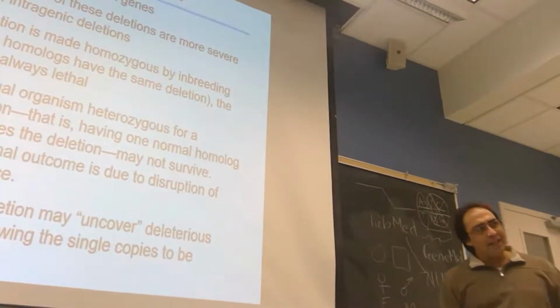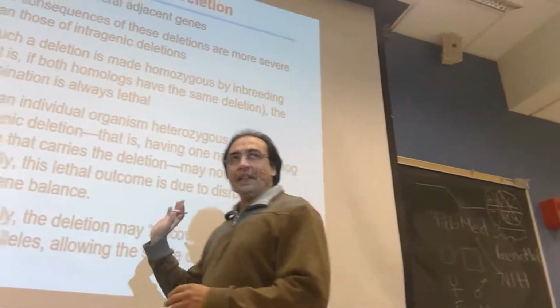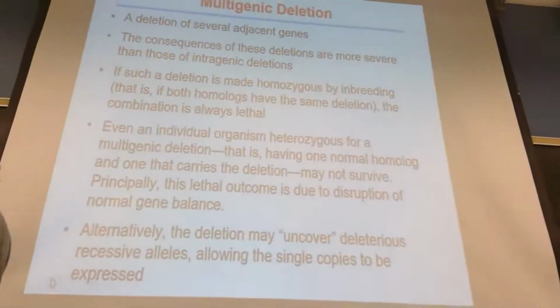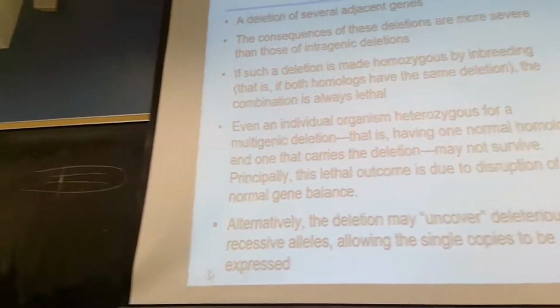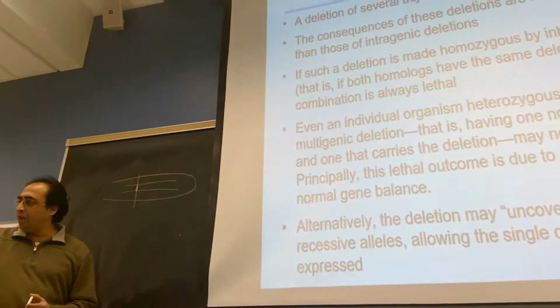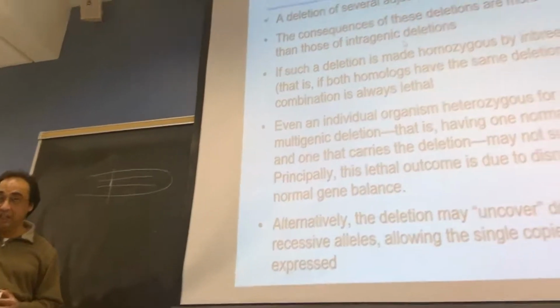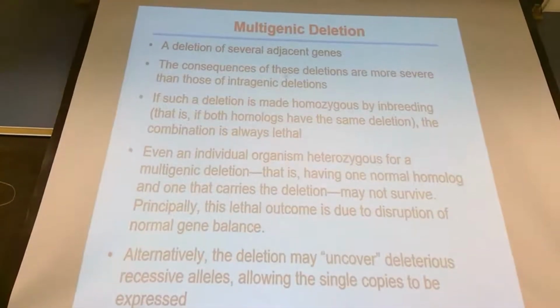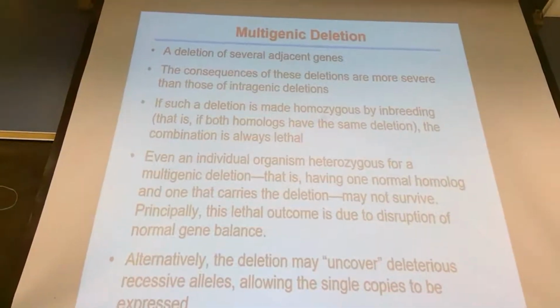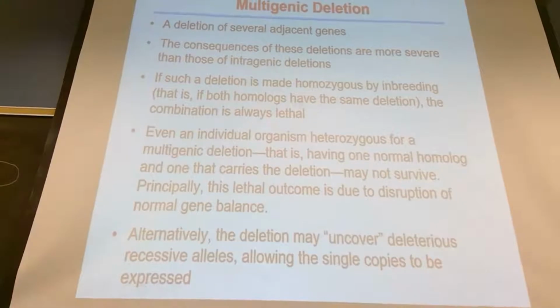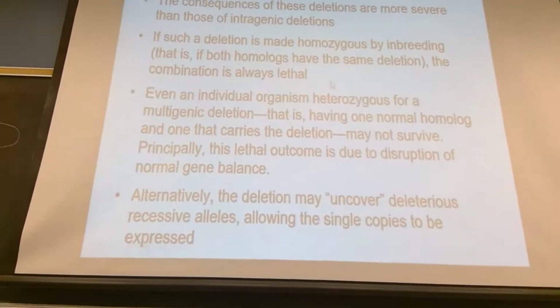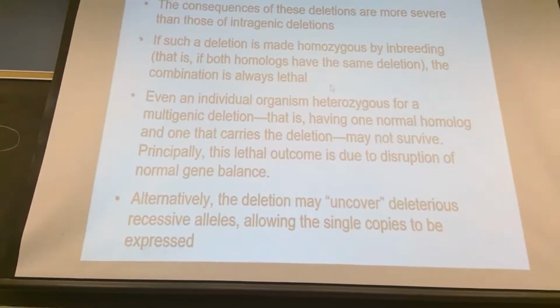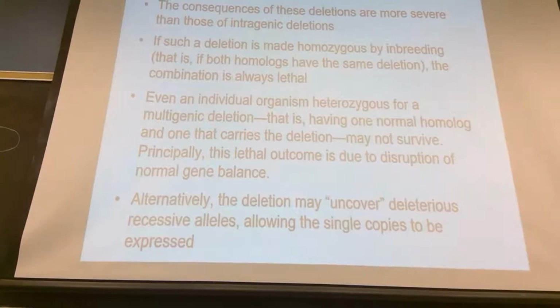Generally, in such a case, it is lethal, and more severe than an intragenic deletion, definitely. If such a deletion is made homozygous by inbreeding, the combination is always lethal because the genes are missing.